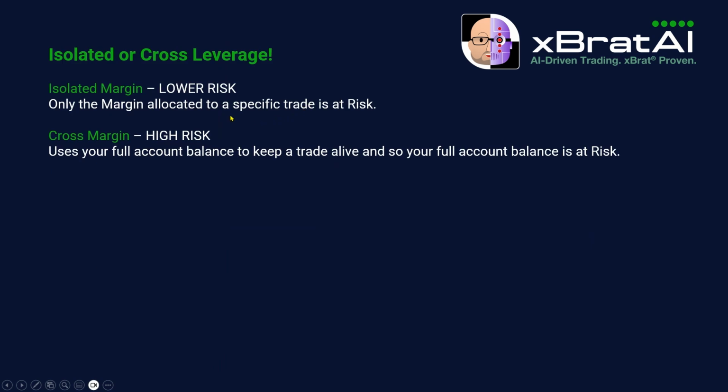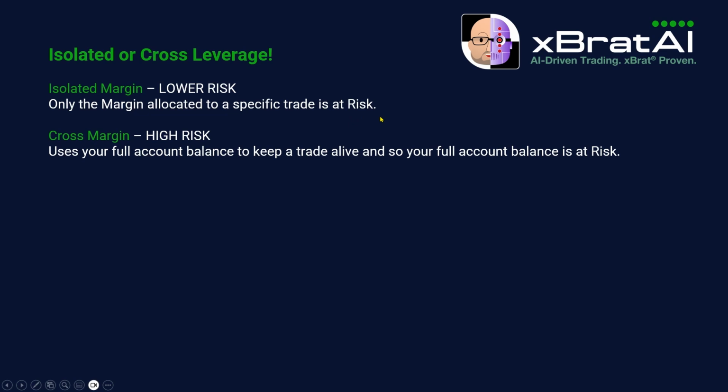So let's just talk about isolated or cross leverage. There's differences here. In all those examples I just gave you, we used cross margin, which is higher risk, but there is an option for isolated margin, which is lower risk. Only the margin allocated to a specific trade is at risk.